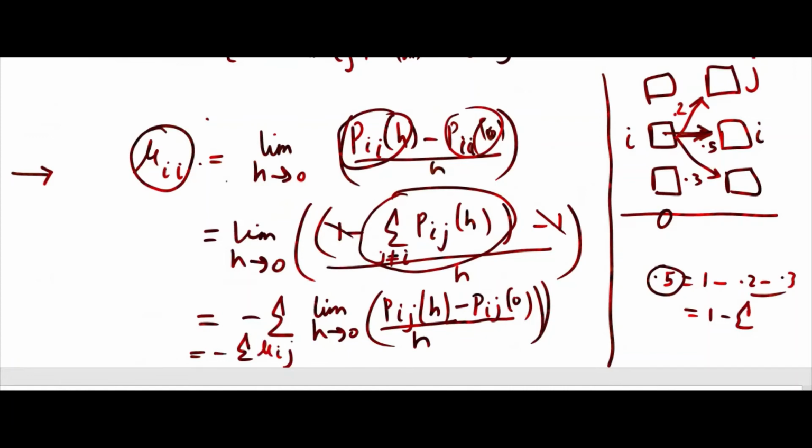Throughout this chapter we will use it. See how mu ii, this is the only derivation. I don't think you will get this in the exam, but you will use this frequently. Minus, j is not equal to i, mu ij. This means when I write the generator matrix, i is not equal to j.